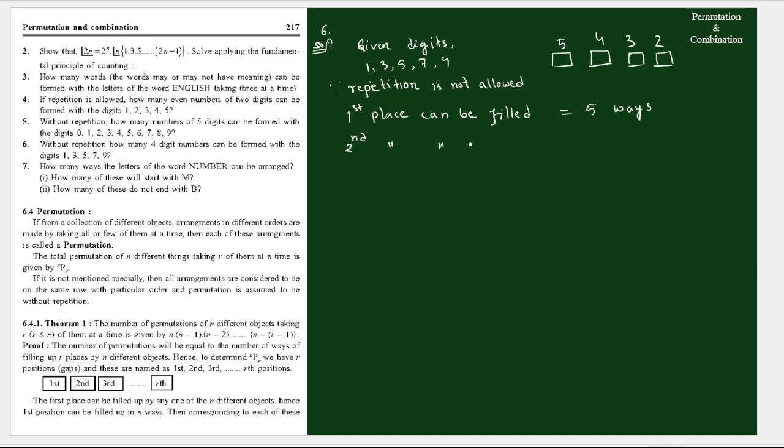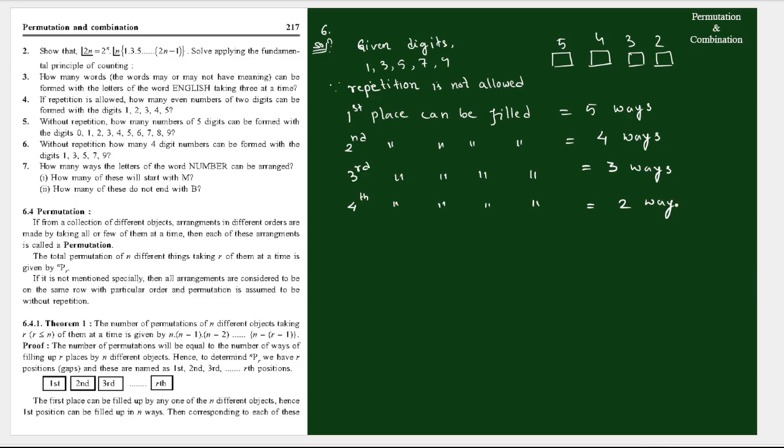Second place can be filled in how many ways? 4 ways. Third place can be filled in how many? 3 ways, right? So fourth place can be filled in how many? 2 ways.